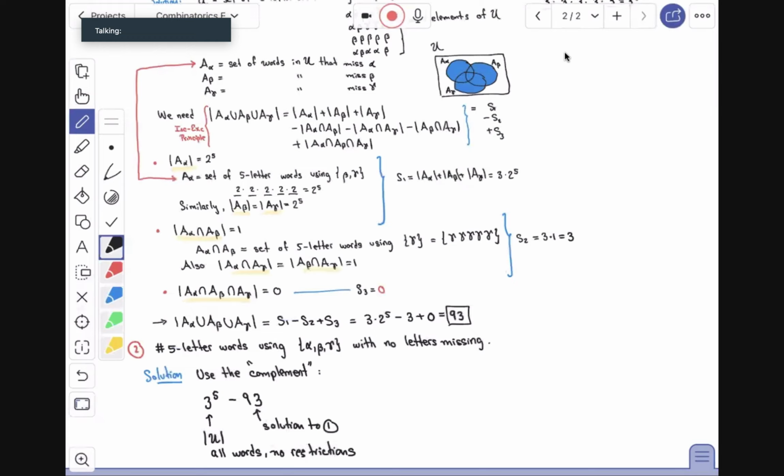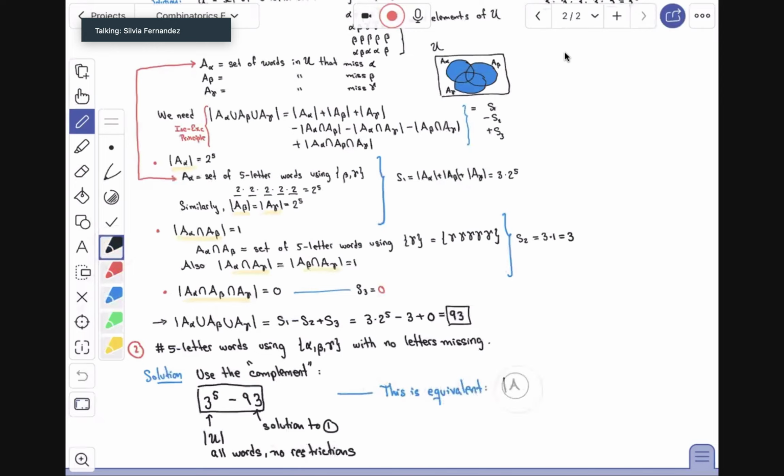That would be my answer. But this is equivalent to the other version, the typical version of the inclusion-exclusion problem.